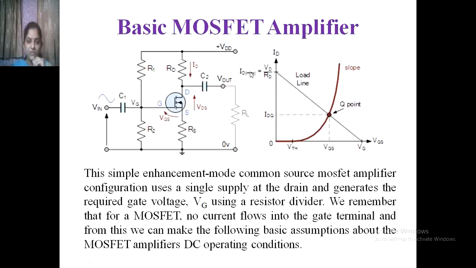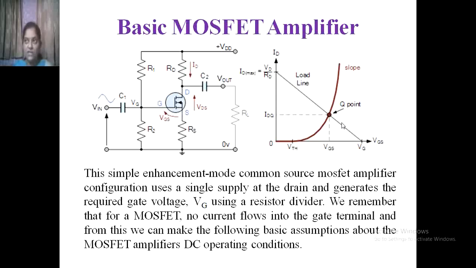Here the load line and the Q point are very important when we are thinking about a stable output. We can say the amplifier works stably when it produces a linear output without any fluctuations from the input side; that is the stable output.